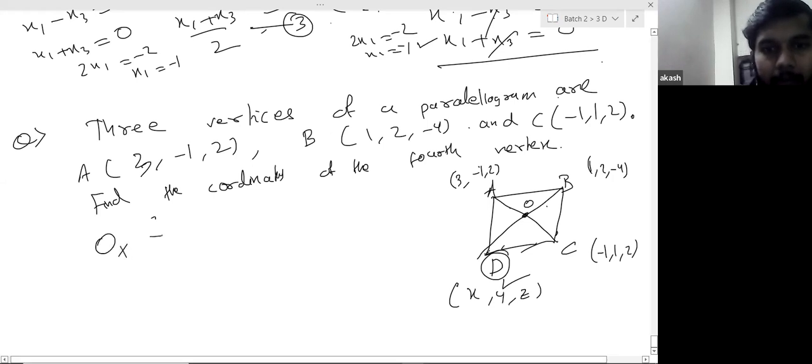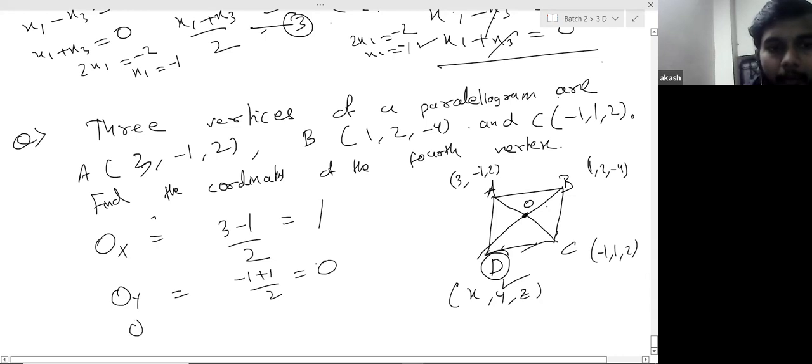X coordinate of O will be, let's call this OX. OX will be 3 minus 1 upon 2, and that is 1. OY will be minus 1 plus 1 by 2, that is 0. OZ will be 2 plus 2 by 2, and that is 2. So we got O as 1, 0, 2.